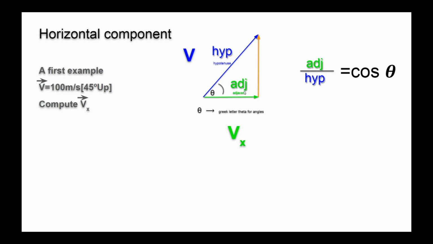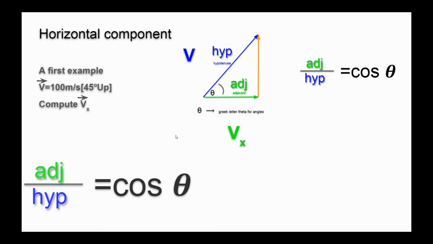The adjacent side is the equivalent to the Vx. So to get the Vx side, we need to link the adjacent to the hypotenuse. That's the cosine function. So we write it out. Adjacent over hypotenuse is cosine of theta. Now we're going to replace with the general mathematical term adjacent with our specific term in physics, Vx. And the hypotenuse we are calling velocity. We swap it out like that.